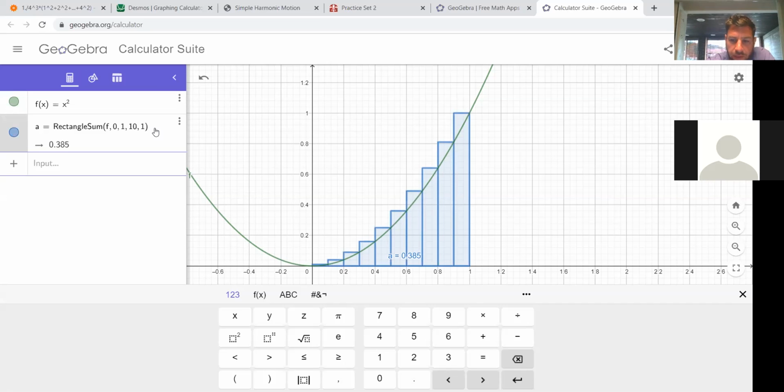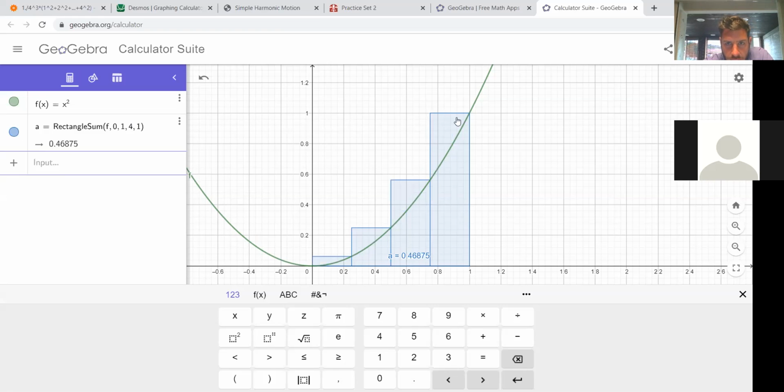For the sake of argument, if I go back to 4 rectangles, if you can see where my mouse is moving, this part of the rectangle, this part, this part, and this part are overestimating the area under the curve. What happens as we increase the number of rectangles is that this excess area shrinks, because when I increase the number of rectangles, by default, the widths of them have to shrink.